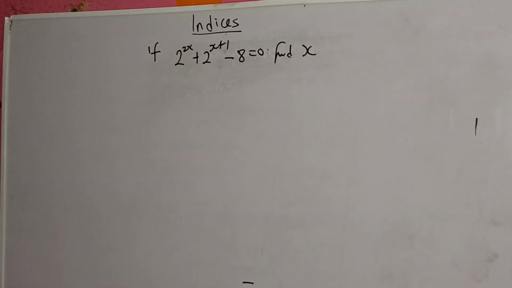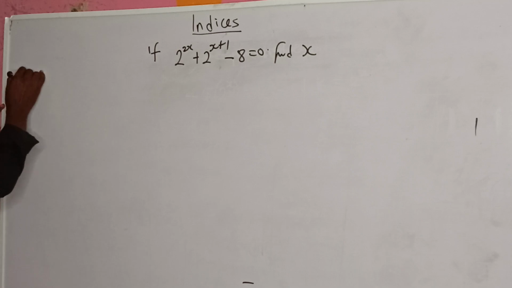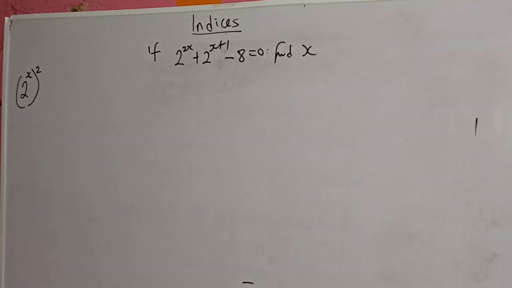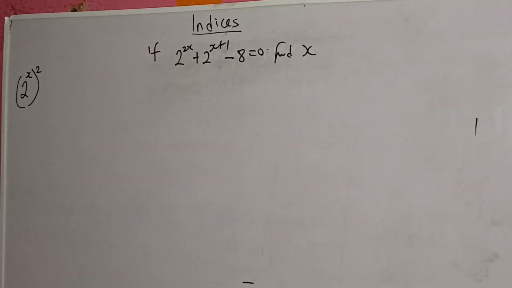So this first one can be expressed as 2 power x, you open bracket and put the 2 outside. It's still the same thing, because when you say x times 2, you still have 2x.